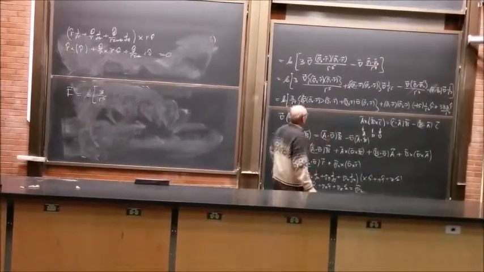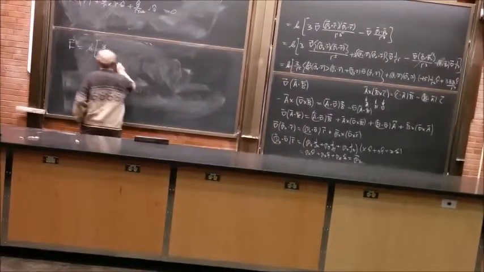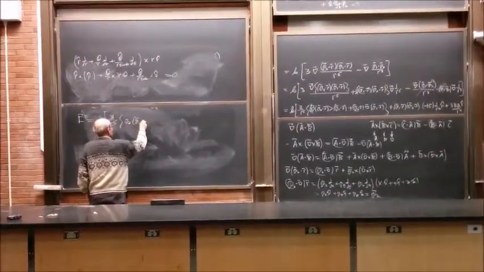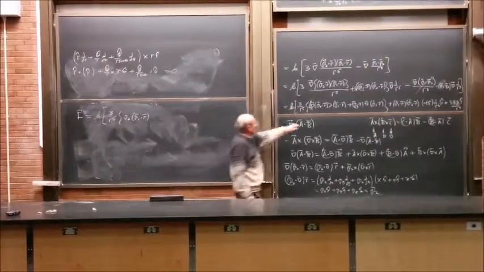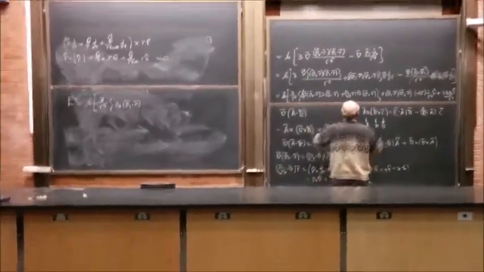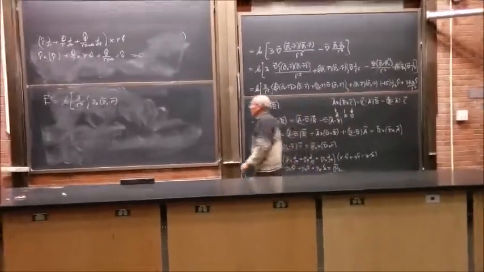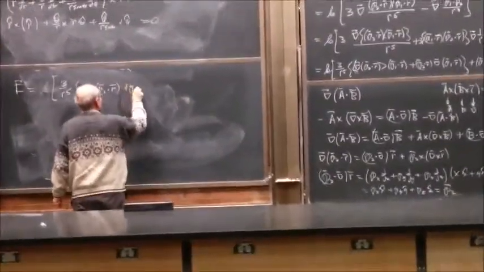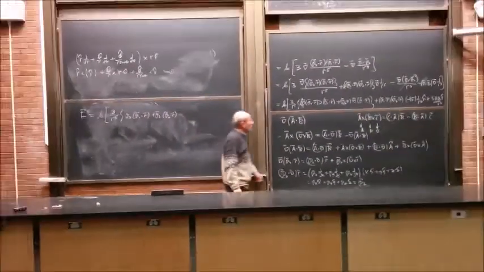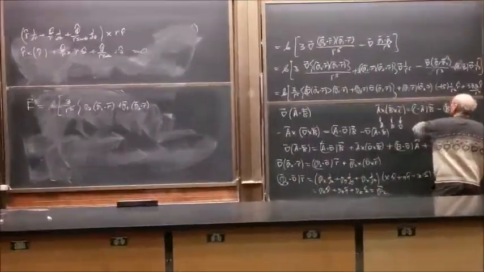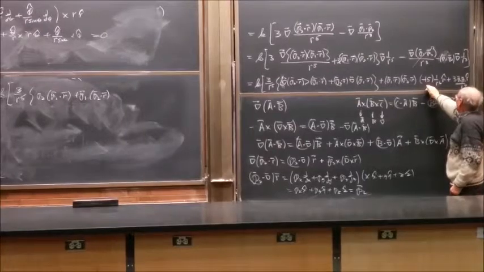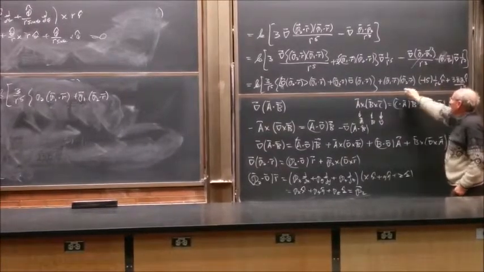So we get P2 times P1 dot R hat, so we get P2 times P1 dot R. And here, this is P1 times P2 dot R. This is minus 15 over r to the 6 times that.